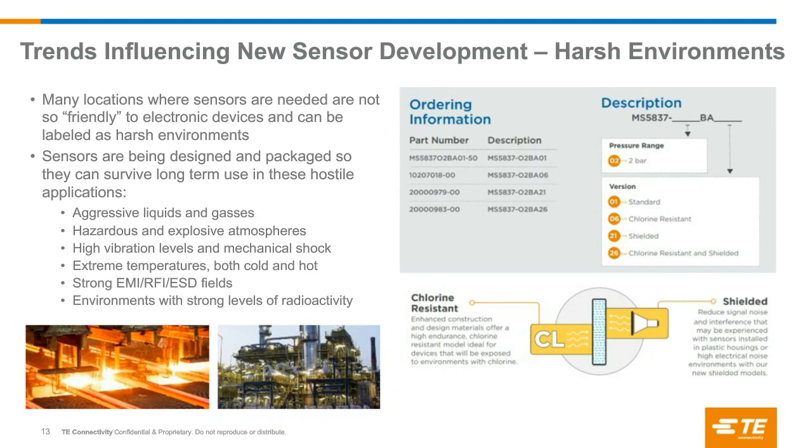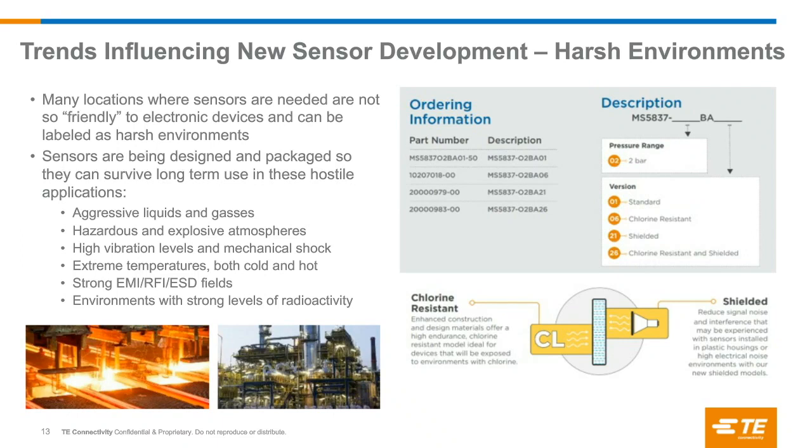And people are trying to put sensors in more and more places to collect more and more data. Well, it turns out that some of the places that people want to put these sensors are not very friendly to electronic devices and products. And we label them as harsh environments. We pride ourselves in the ability to package our sensor products so that they can withstand a harsh environment. Then people can put them in strange places or places where sensors have never been put before.